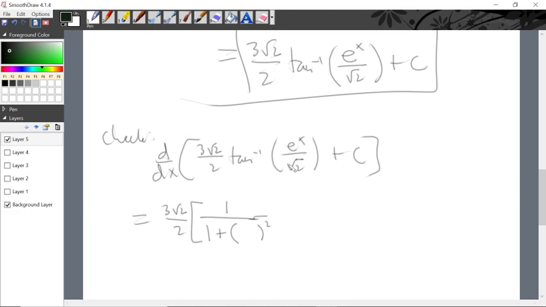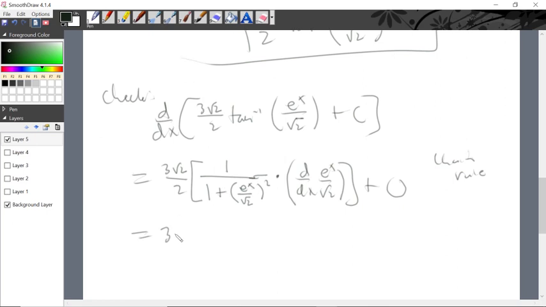The argument is e to the x over root 2. That's the derivative of the arctangent part. Then we need the chain rule, where we take the derivative of the e to the x over root 2. And then the derivative of the constant is 0.